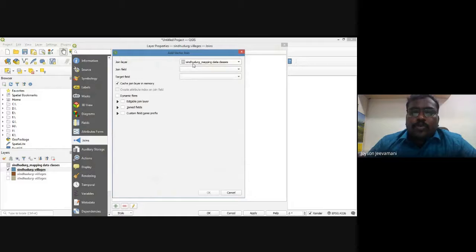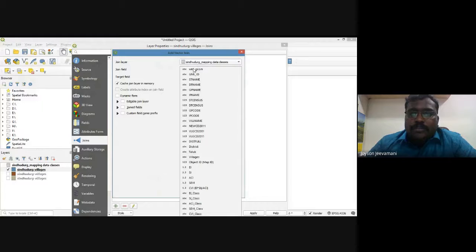Now it will show our file, my CSV file name, Sindhur mapping data class. In that, I have to select the join field. I have given the village name in a separate column, which I marked in orange.